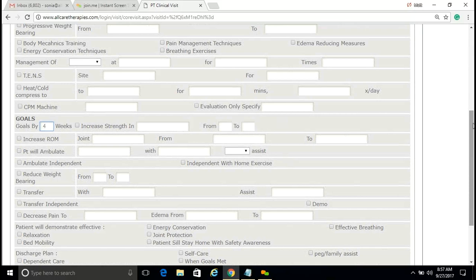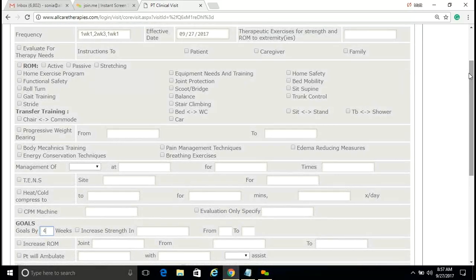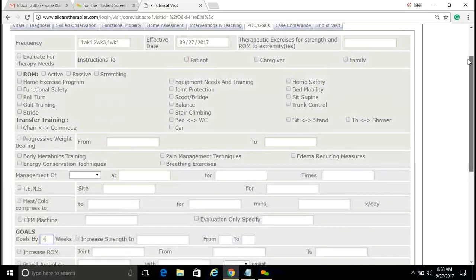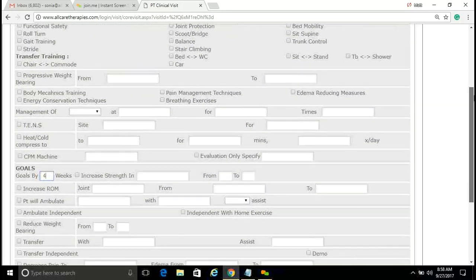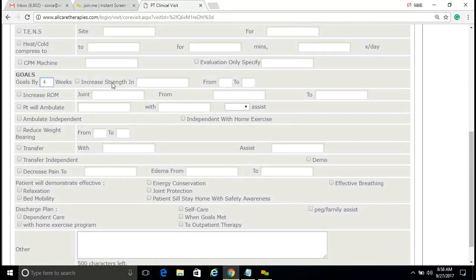We do not want to write a frequency past 4 weeks, and the reason for that is there's a 30-day progress note that needs to be written. We try to coincide your re-evaluation and your progress note. So you definitely do not want to go past the 4-week time frame when you're writing your first frequency.